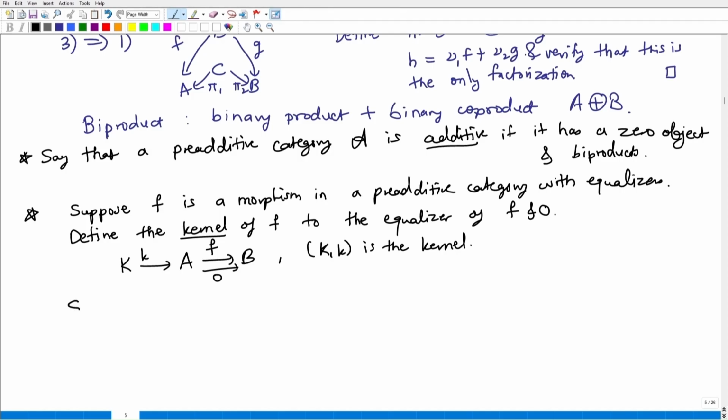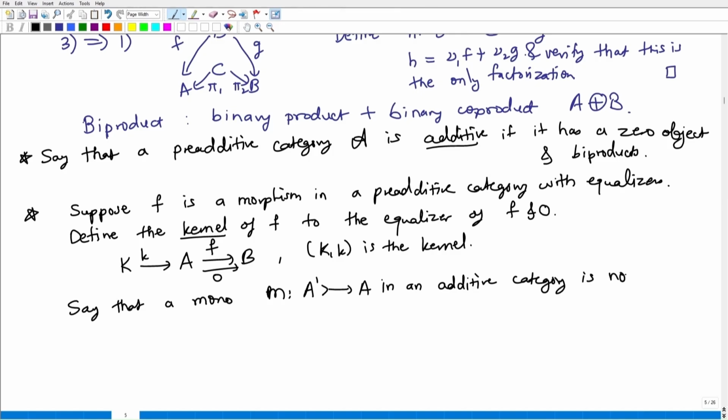So say that a mono m from A' to A, in an additive or pre-additive category, is normal if it is the kernel of some morphism.